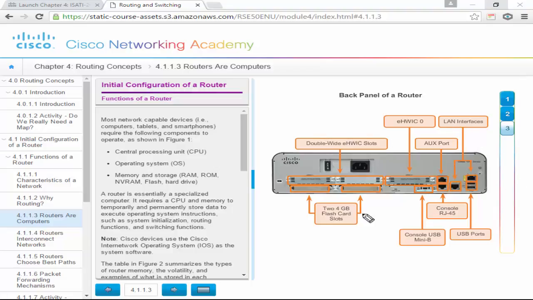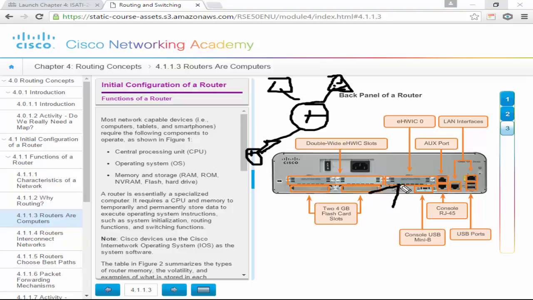Then we have LAN interfaces, and the LAN interfaces are the ones that this router connects to switches, right? So we have switches over here. I'm sorry, that one looks like a triangle, maybe a piece of pizza. And then over here we have this lightning bolt cable known as a serial cable, and that just virtualizes a WAN interface, which goes into these modules here, right?